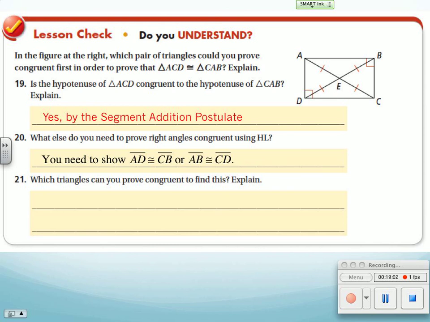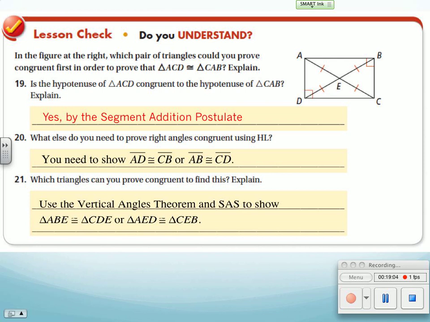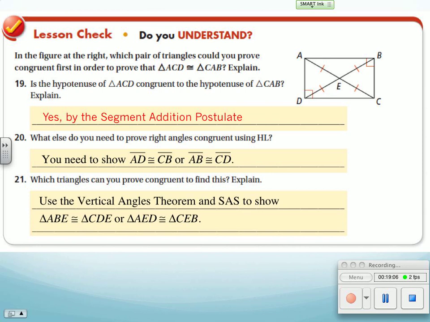So we can use the vertical angles theorem and side angle side to show that ABE is congruent to CDE, or AED is congruent to CEB. But either way, we can prove those triangles congruent using side angle side.